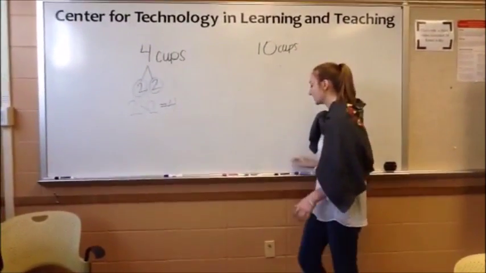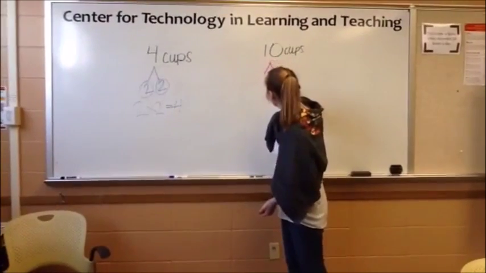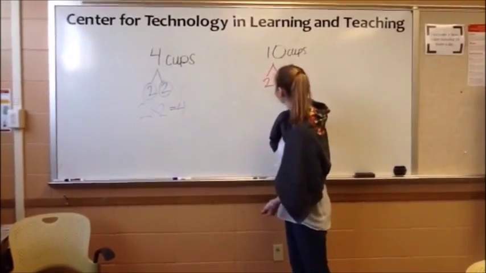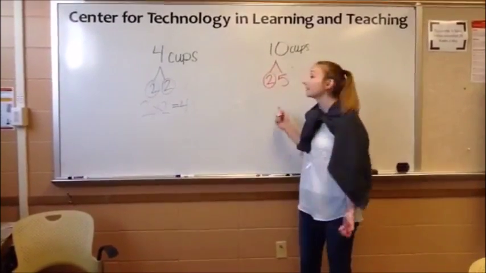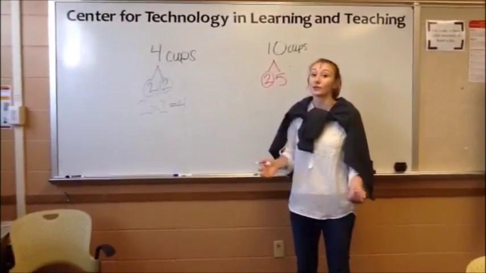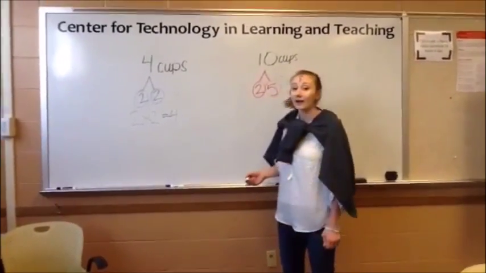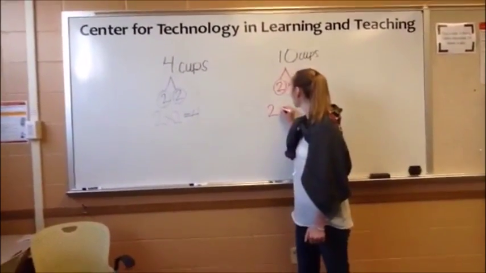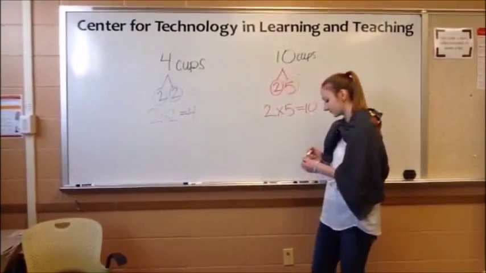And when I break down my 10, I know that I can split it up into 2 and 5. Again, I know 2 is prime, so I'll circle it. I know 5 is prime too, because it's only multiplied by itself and 1. So when I write that out, it'll be 2 times 5 to give us 10.